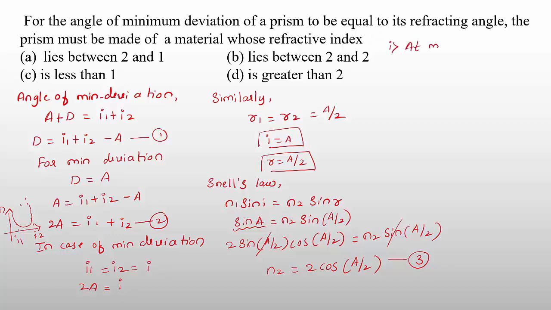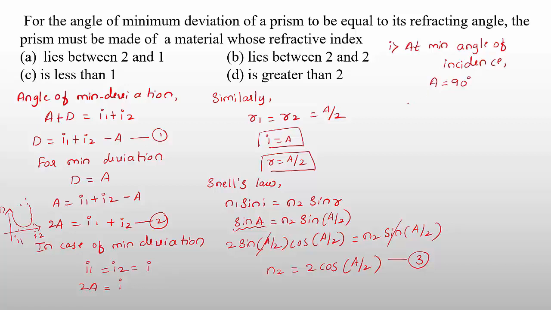At minimum angle of incidence, for the trigonometry function cosine, for minimum value we can take theta equal to 90 degrees, for maximum value we can take theta equal to 0 degrees. So at minimum angle of deviation I am going to consider A equal to 90 degrees.